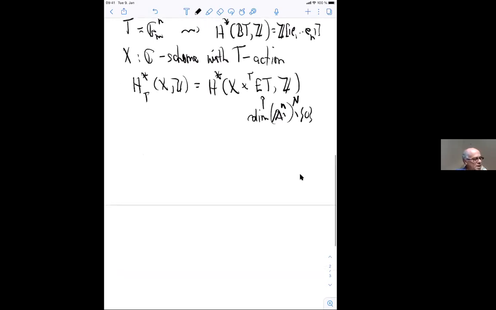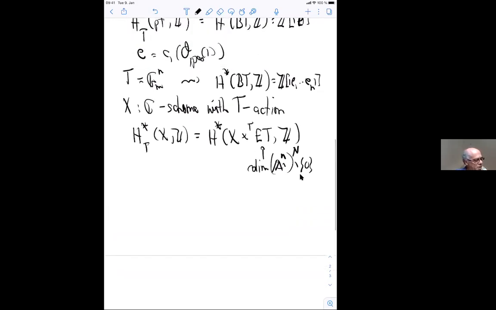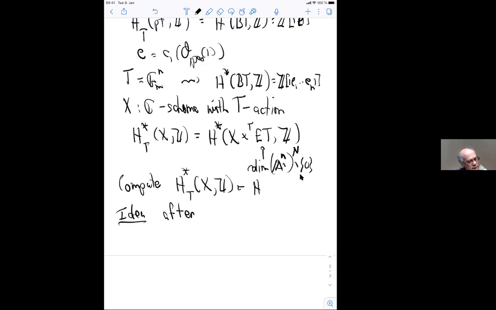Okay, so the problem is to compute this. Of course this is an H^* BT module.